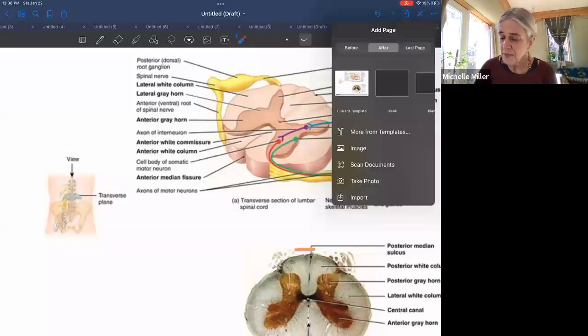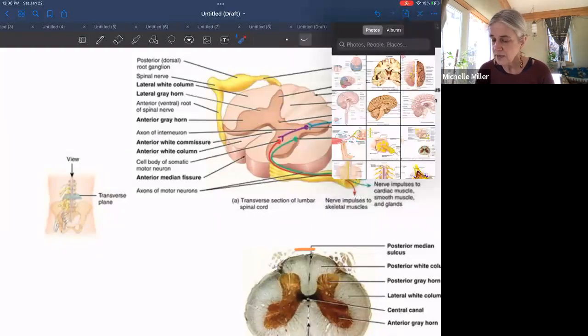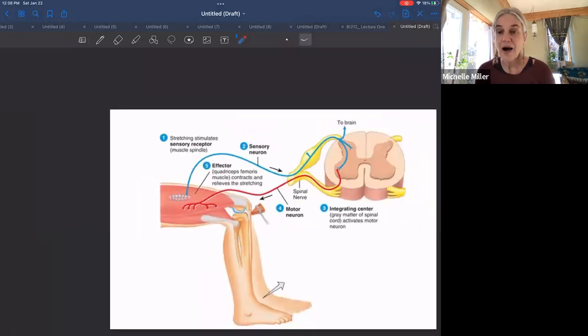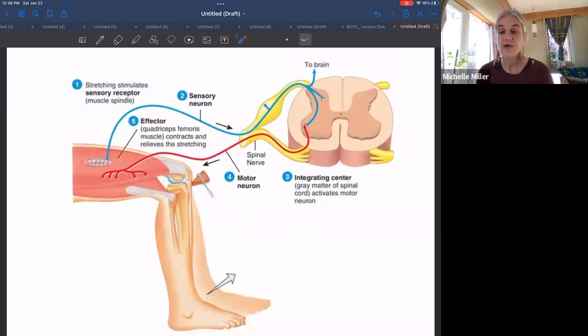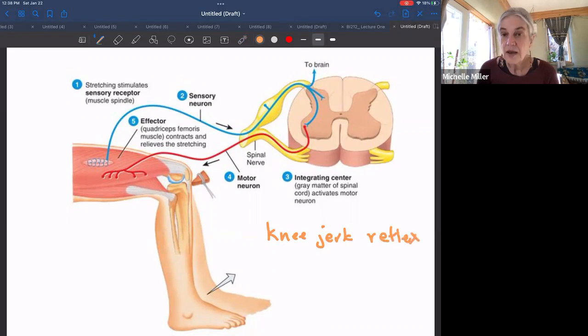An example of a spinal reflex is that reflex that they test at the doctor's office, where they're trying to determine whether or not your spinal cord is working properly or not. This is called the knee jerk reflex. And you probably wondered why they would even do this.